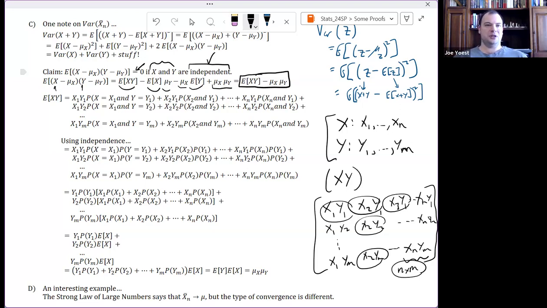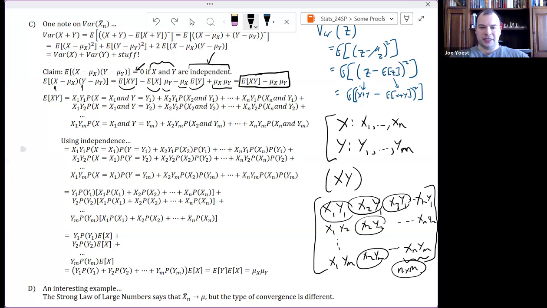Knowing what x is doesn't affect what y is likely to be, and vice versa. They are independent. So therefore, I can break the probability of event 1 and event 2 into the product of the probabilities of the events. So this uses independence, splitting all of these ands into timeses, roughly speaking.